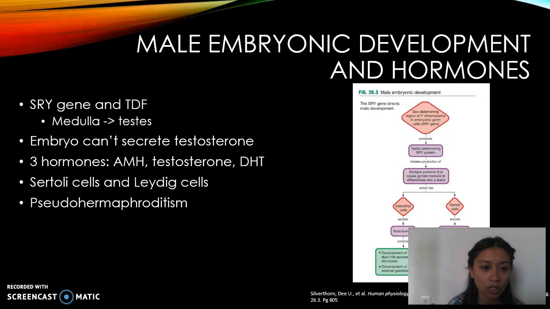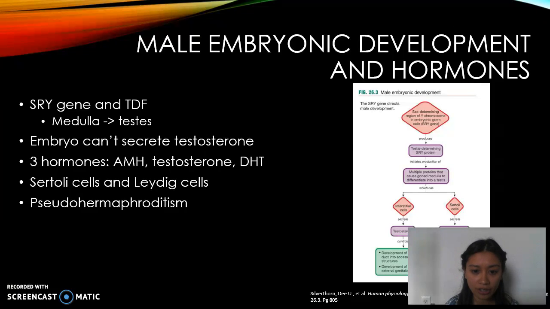So these hormones are AMH, or the anti-Mullerian hormone, testosterone, and its derivative DHT, or dihydrotestosterone. The testicular Sertoli cells are what secrete glycoproteins and the AMH, whereas the interstitial cells, also known as Leydig cells, will secrete the androgens testosterone and DHT.